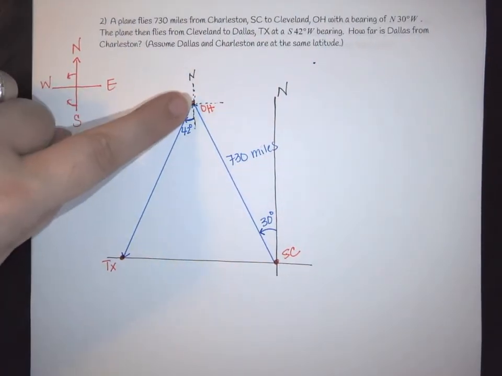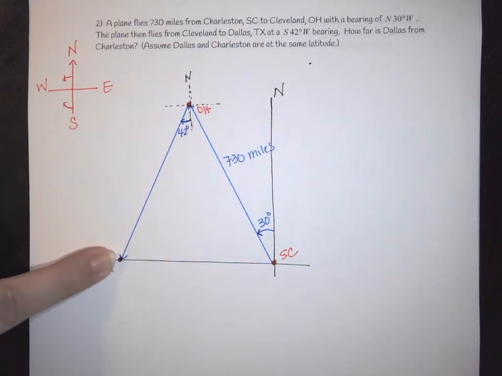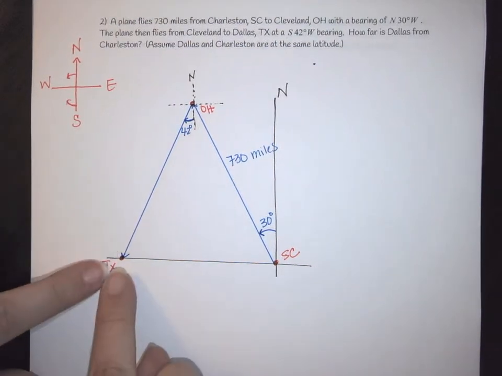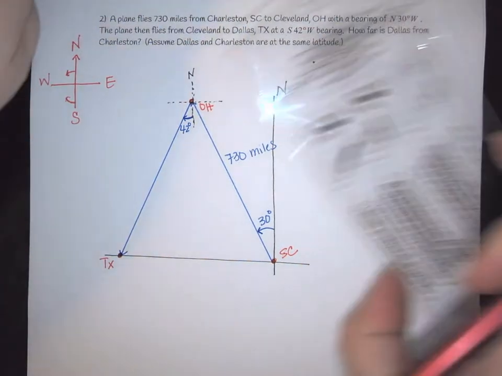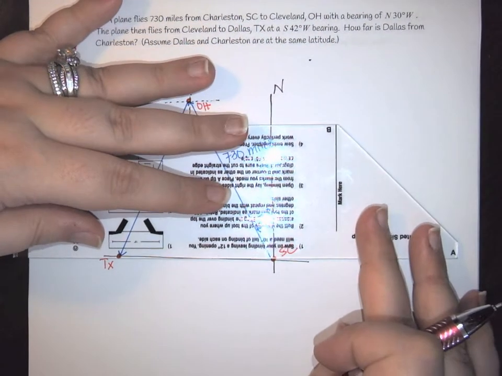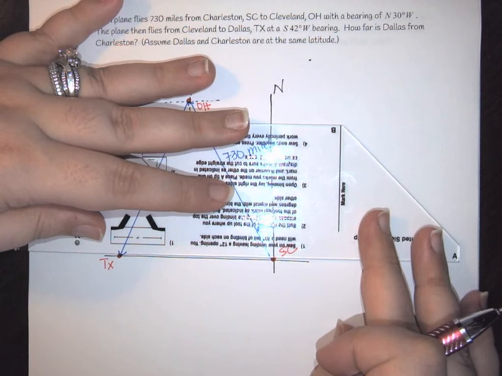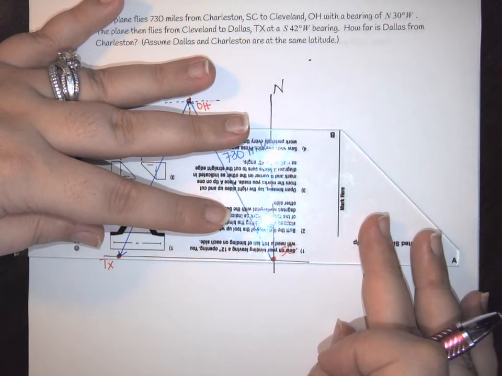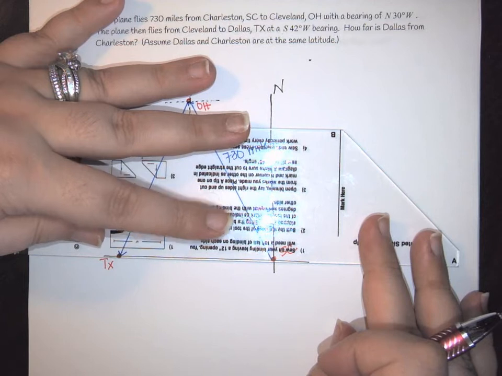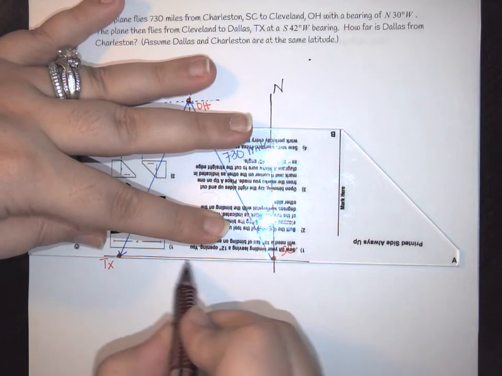We do not know what this distance is, but we want to know how far Dallas is from Charleston. So this distance right here, I'm going to do it in red, but I'm going to offset it just a smidge down here. So this is the distance that we are looking for.